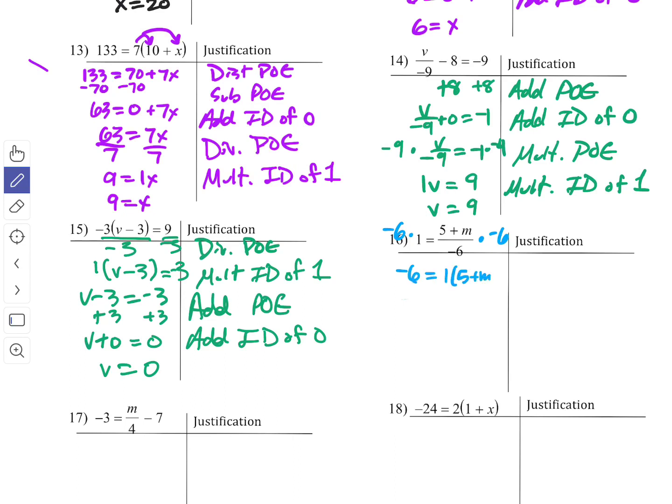and really focusing on understanding why we do them, how we make them more simple, and that's the whole process of solving, how we use those inverse operations to do it.